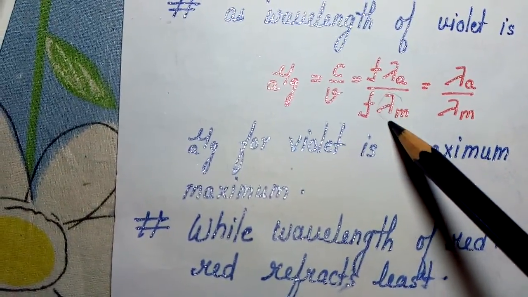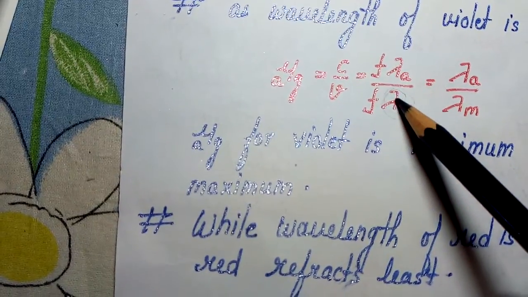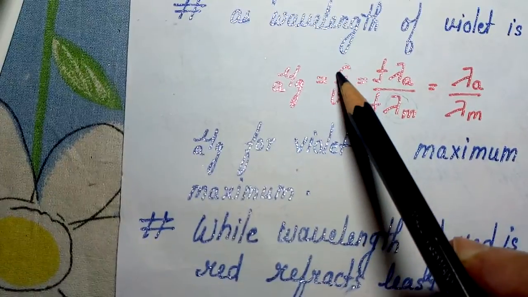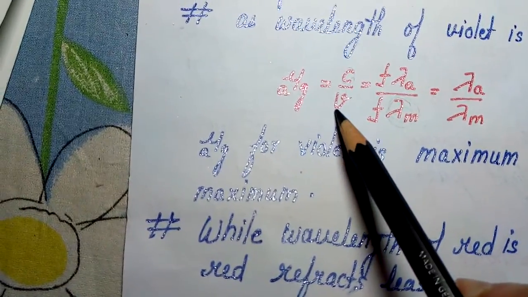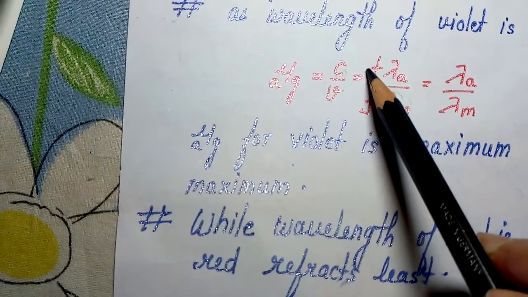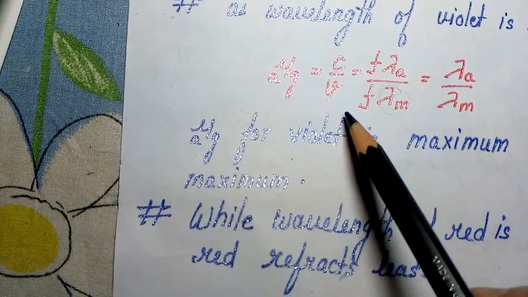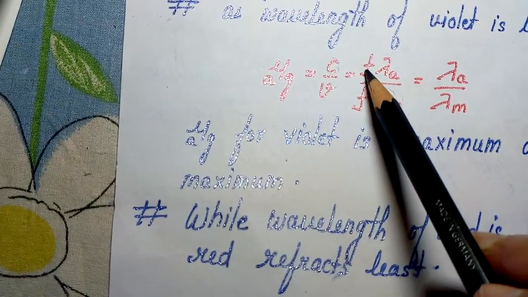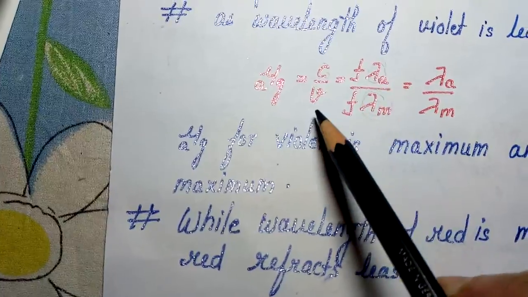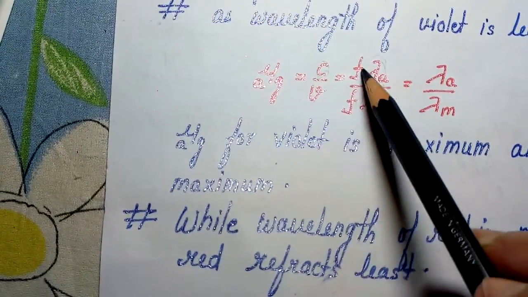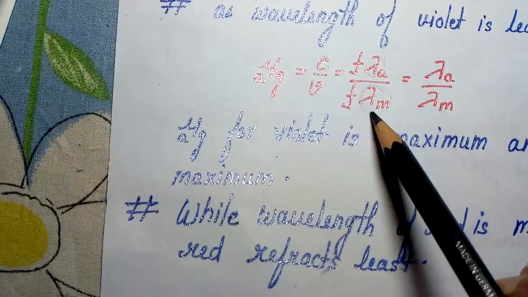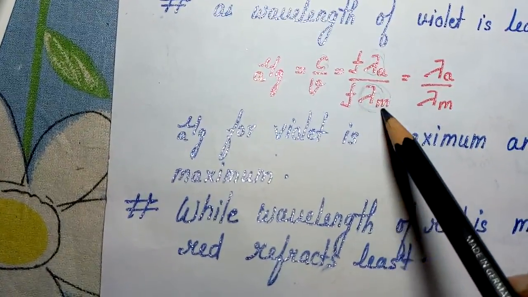Wavelength of red is maximum, and refractive index is defined as speed of light in air upon speed of light in medium, but the speed of light is frequency into wavelength. In air, frequency is f and lambda a is wavelength, but in medium, see, frequency remains same, but in medium, wavelength of the light changes.